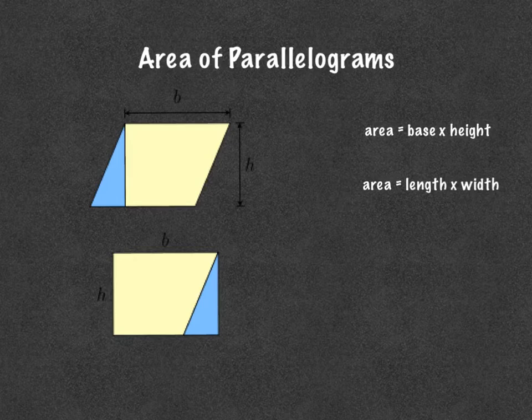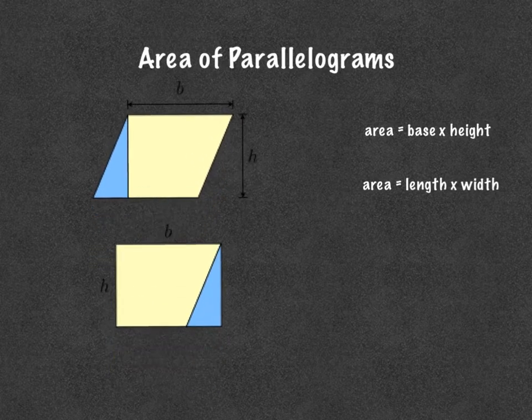And the reason that they're the same formula as our rectangle is because of this picture over here. So if we look at our parallelogram here, and we have the right angle snip or cut right through here, we can cut right through here, and then this blue part can be glued down here just like this on the other side, which then makes a rectangle.